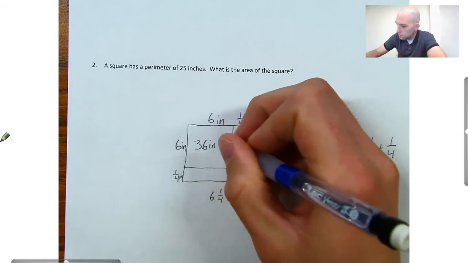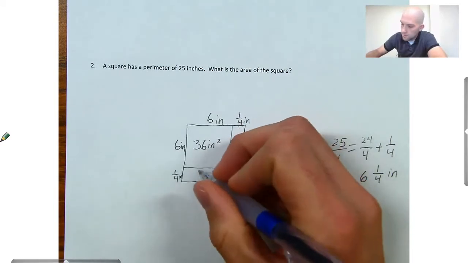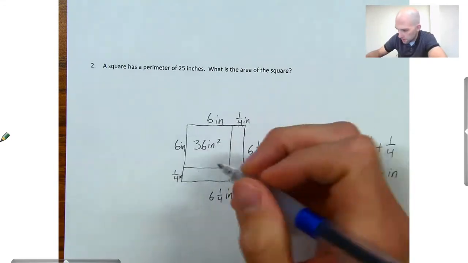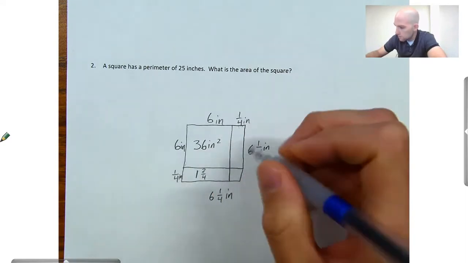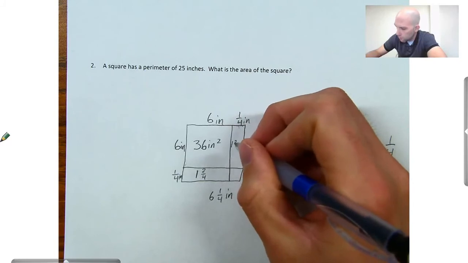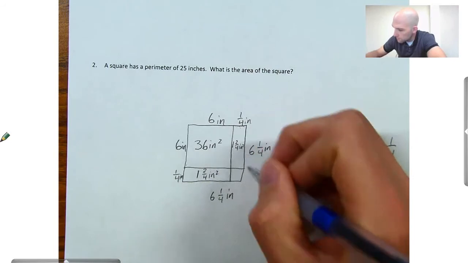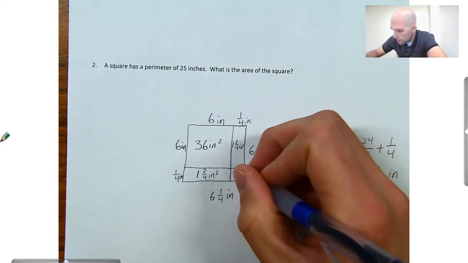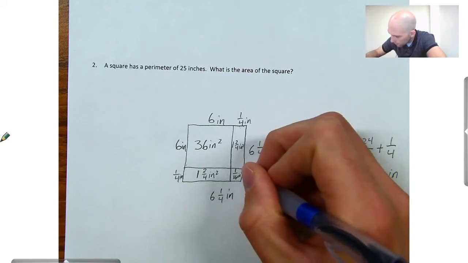And 36 is in square inches. 36 square inches. 6 times 1/4 is 6/4. And 6/4 is 1 2/4. 6 times 1/4, again over here, is 1 2/4 square inches. And then 1/4 times 1/4 is 1/16 of a square inch.